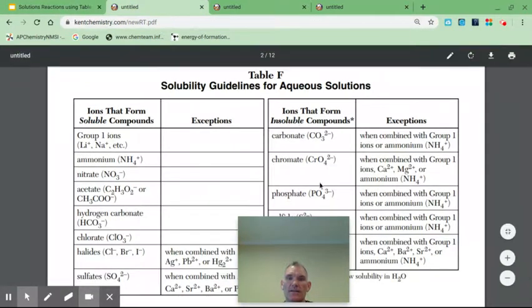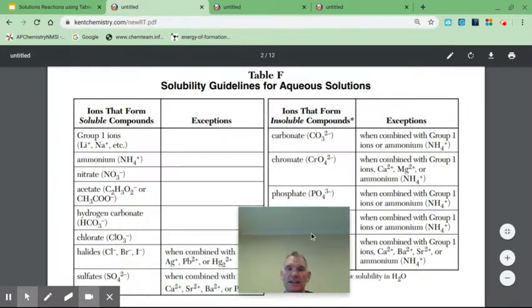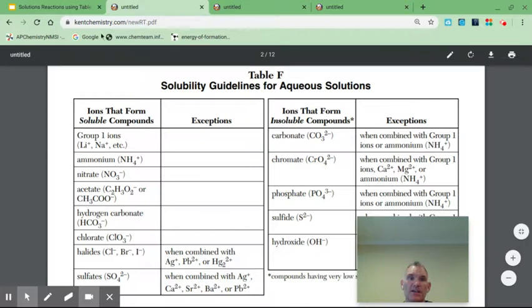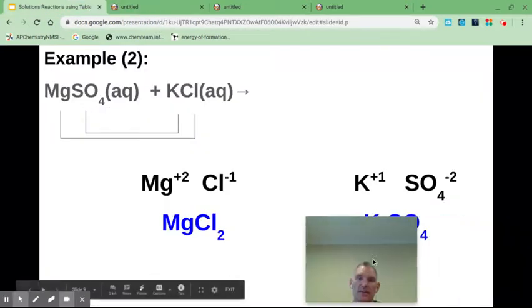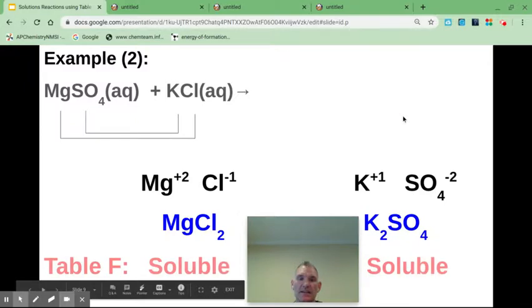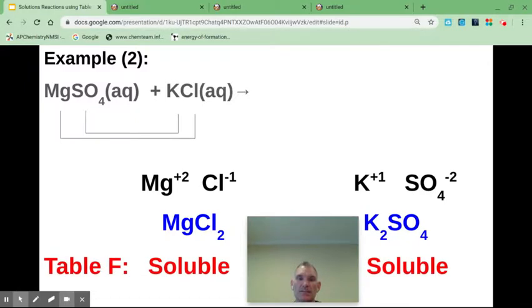K2SO4: sulfate is on the bottom. It says soluble except with Ag, Ca, Sr, Ba, Pb. K is not there. It also tells me group 1, which is K, is always soluble. So in this problem, table F tells me they're both soluble.